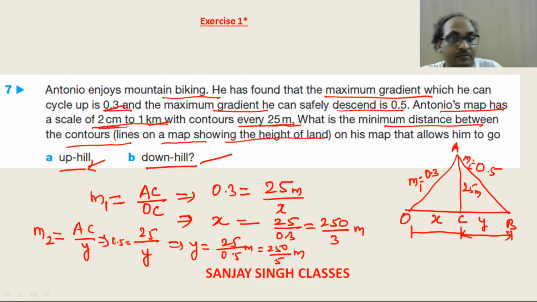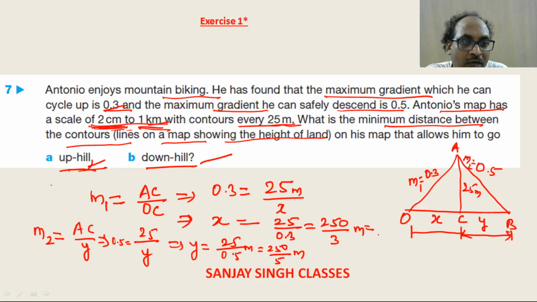Now we have to represent the distance in centimeter, whereas it is given a scale of 2 centimeter to 1 kilometer. It means we need to convert this meter into kilometer and then further centimeter. Okay, so x, if we are converting it into kilometer, we need to divide it by 1000.